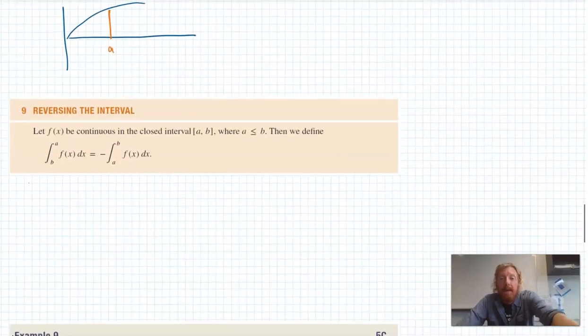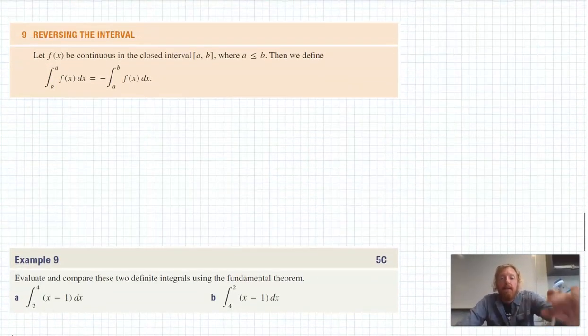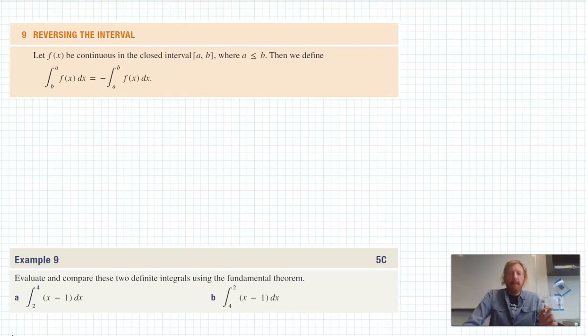The next one's pretty handy. This is nice, reversing the integral. If I reverse the bounds, this says a to b. When I put in b to a, it's going to spit out the negative. Let's do one example.